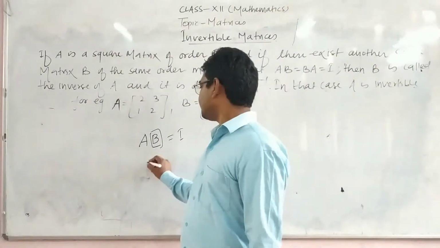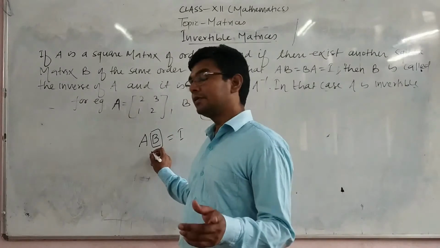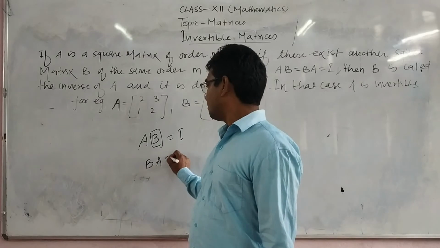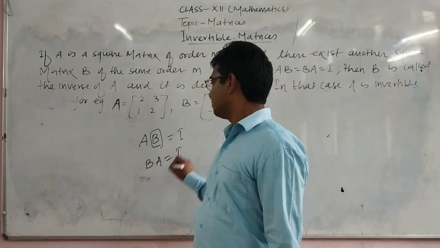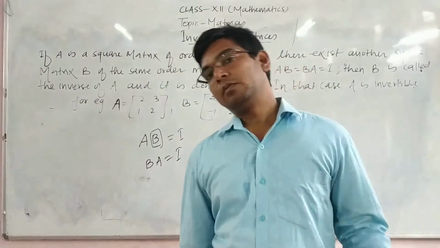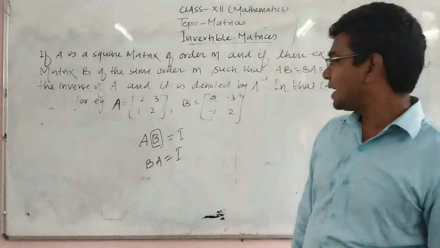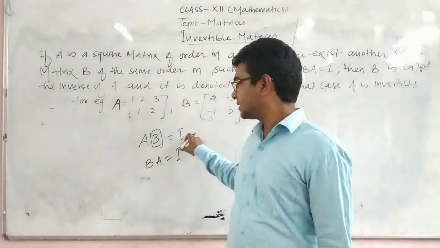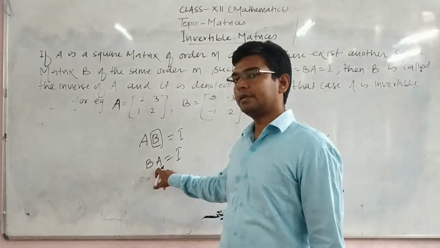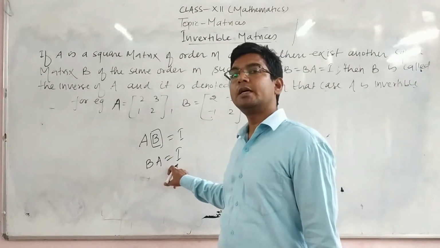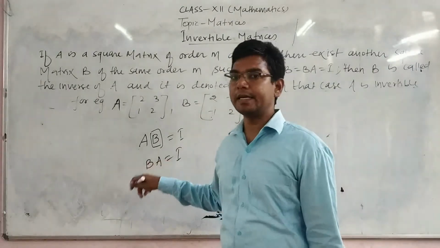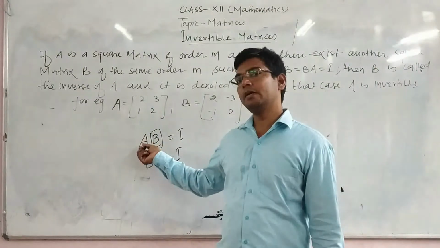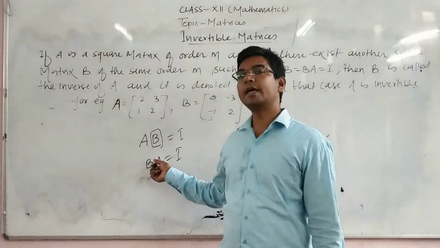Or, if you can say in the second way, the product of AB should be identity matrix and BA must also be an identity matrix. In that case, we can say that A is the inverse of B or B is the inverse of A.